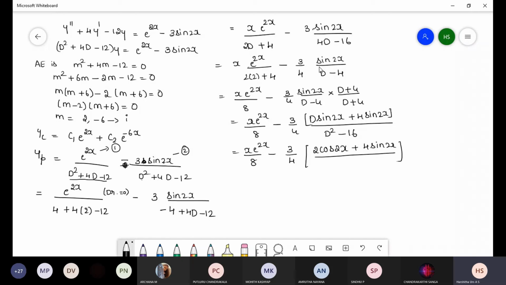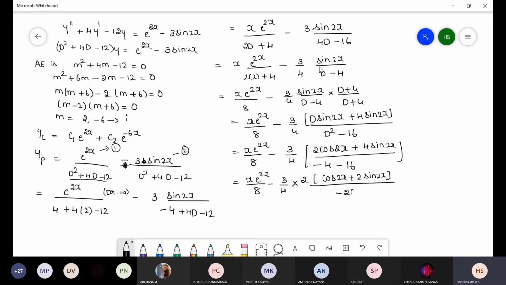Again d square is replaced by minus 4, minus 16 as it is. x into e power 2x divided by 8 minus 3 by 4. In the numerator, I take 2 as a common term. So I get cos 2x plus 2 sine 2x divided by minus 20.